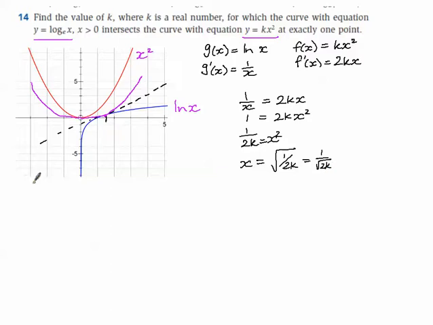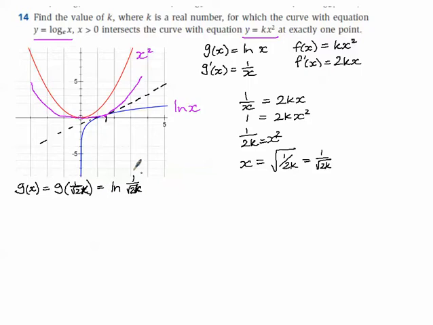So the y coordinate of g of x first. We're just plugging in 1 over root 2k into our equation, and there's not a lot we can do with it, so that's pretty much all it is.